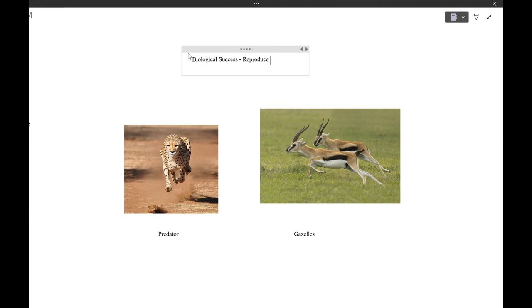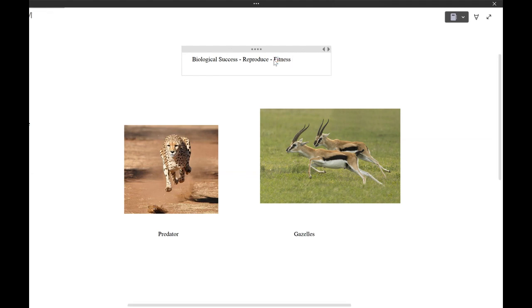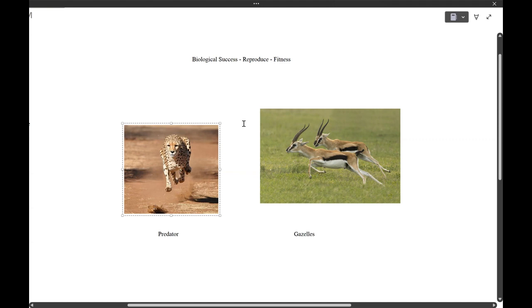And to be able to reproduce, first of all, you need to be alive. This can also be called fitness. So, the cheetahs that are faster are more fit, so they're able to reproduce more. So, gradually, the cheetah population will become faster and faster.